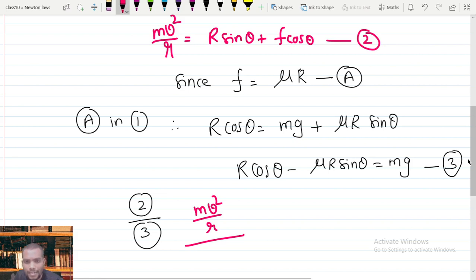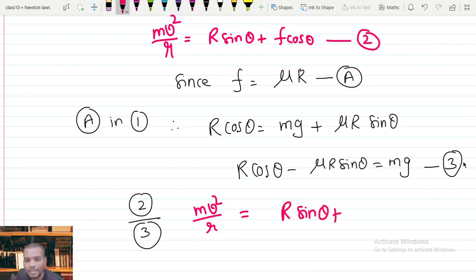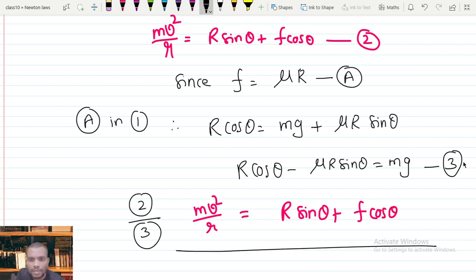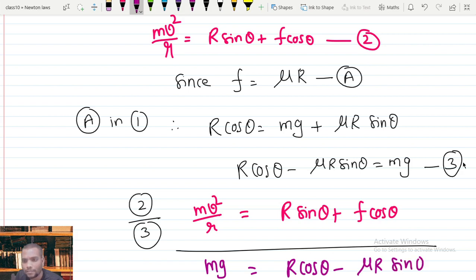Or first you can write that mv square by r, which equals R sin theta plus F cos theta, upon the third equation, here it is mg, which equals R cos theta minus mu R sin theta.